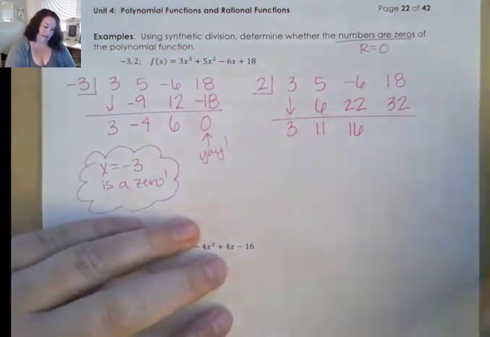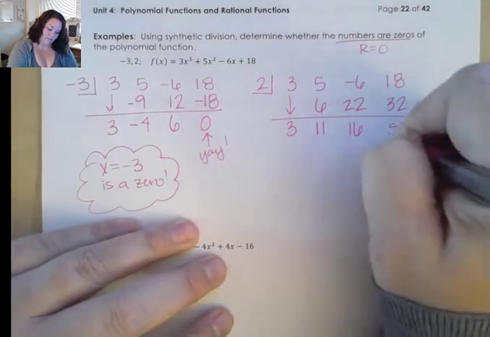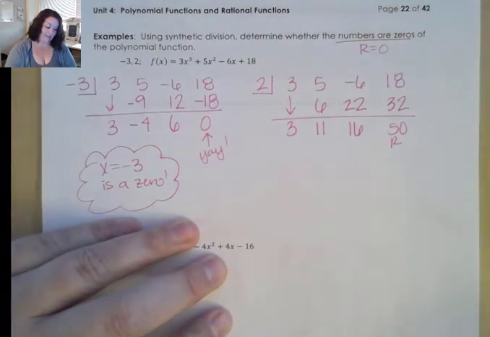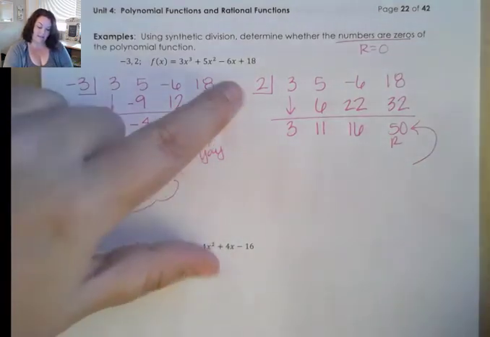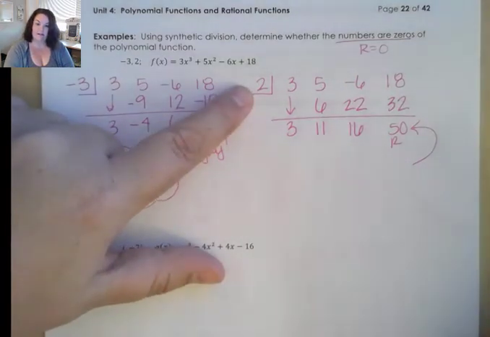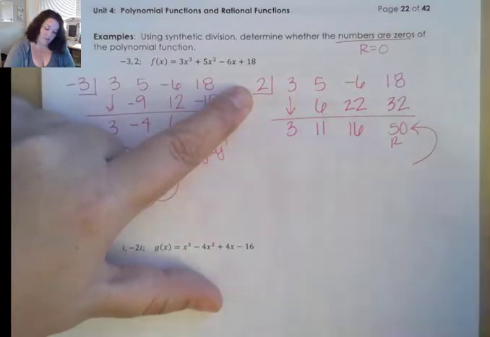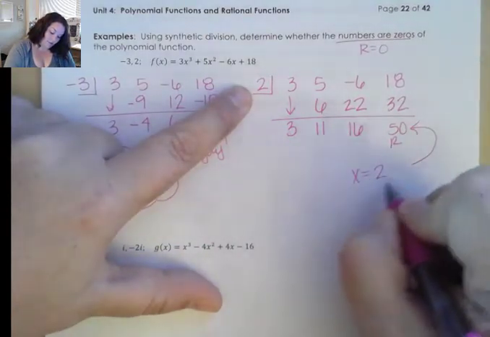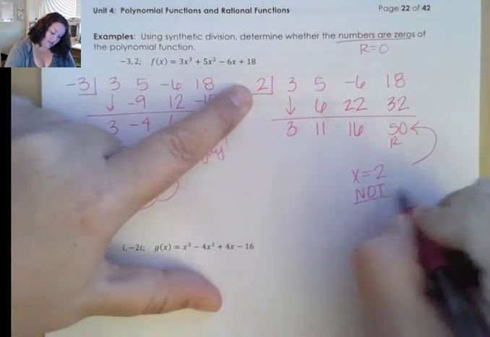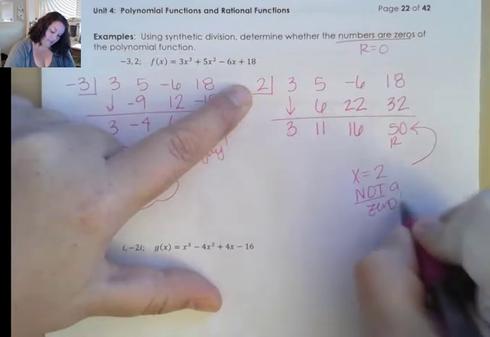And 32 and 18 gives me 50. Remember, this is my remainder, and here it's not 0. So because it's not 0, this tells me that the number in my box is not a 0 of this function. So x equals 2 is not a 0.